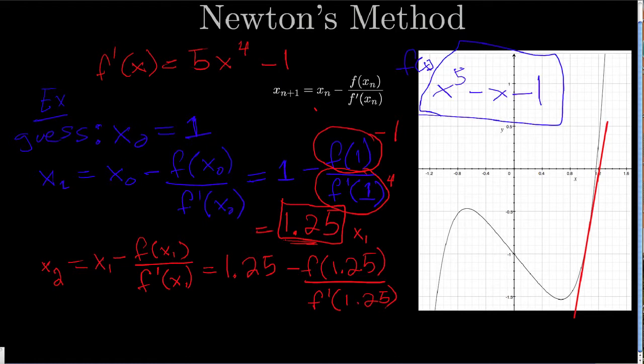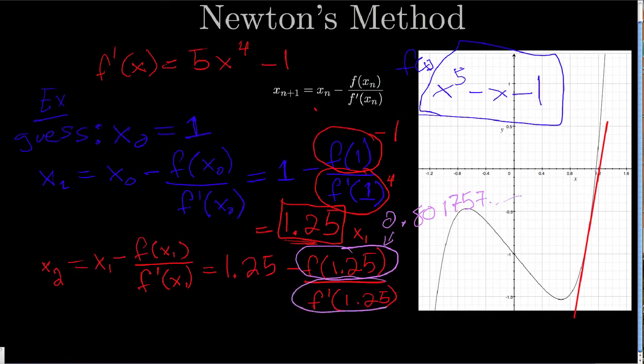And so what we get, okay, lavender, is, when we plug this guy in, we get 0.801757, a whole bunch of stuff.